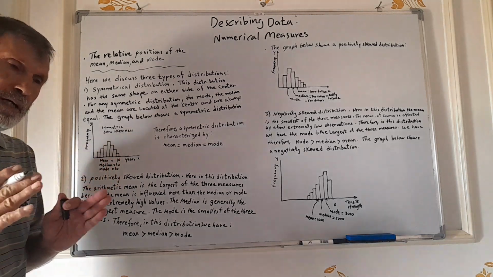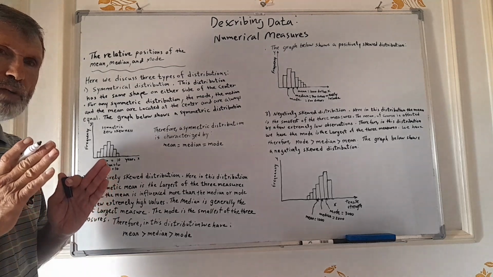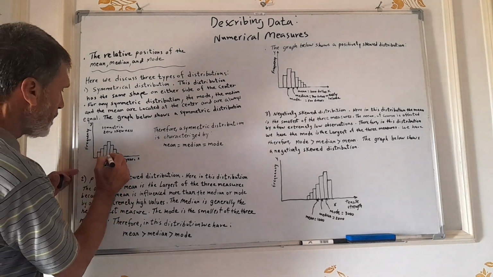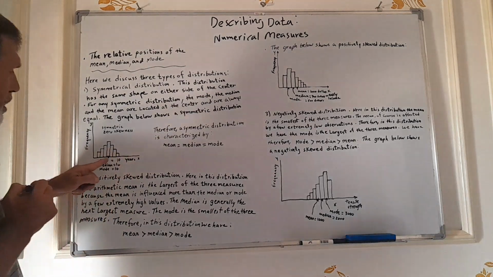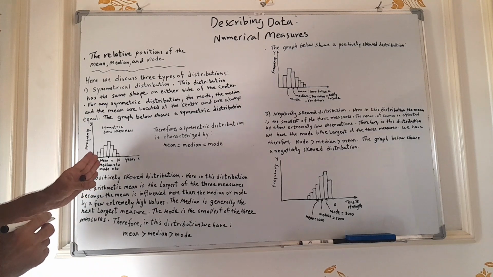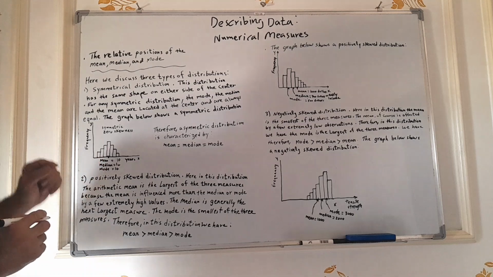And of course, when we say symmetrical, it means the mean is equal to the median is equal to the mode, and they are located at the center of the data. As you can see here, the same shape is on either side of the center of the data.